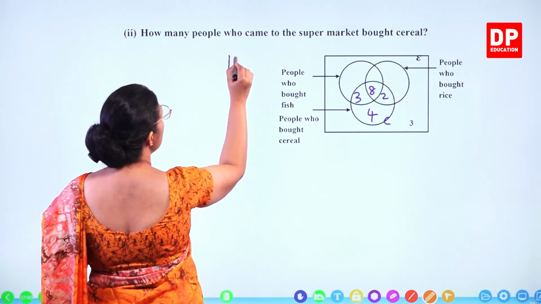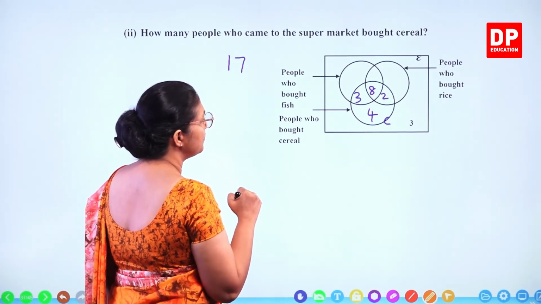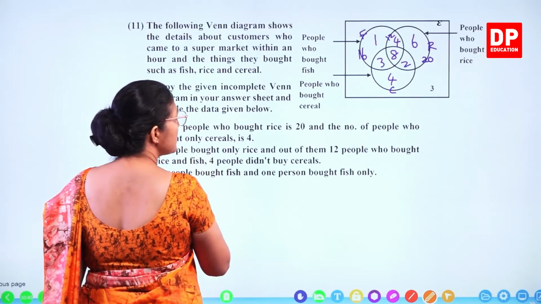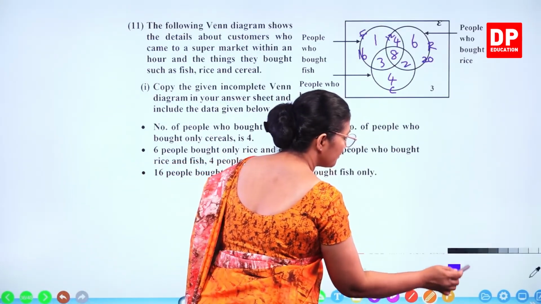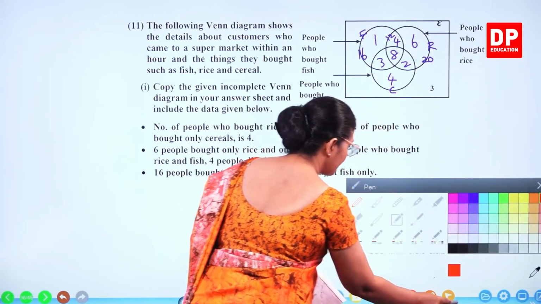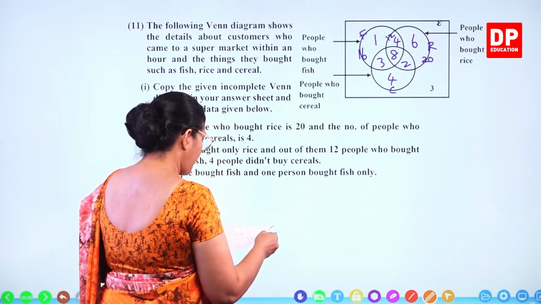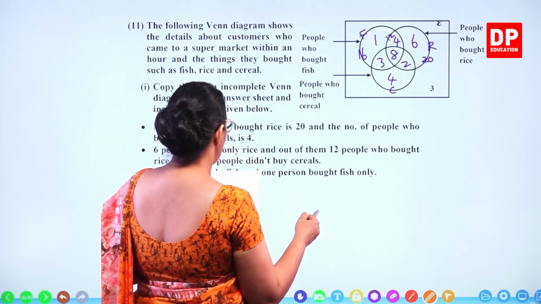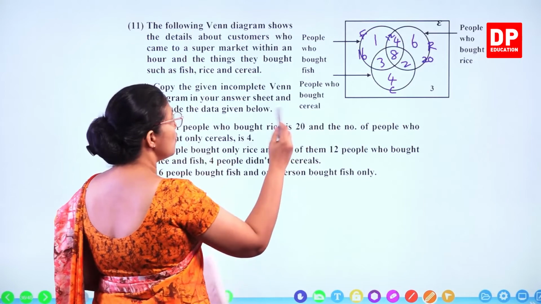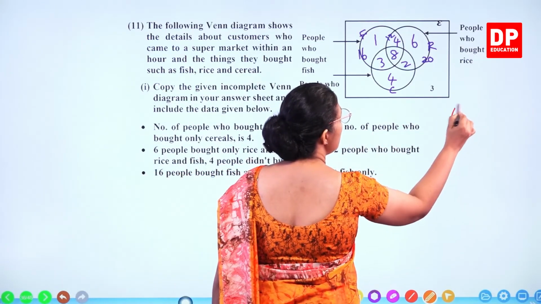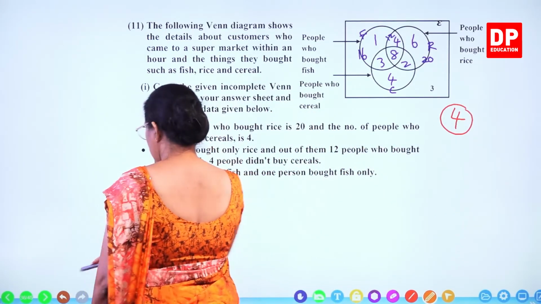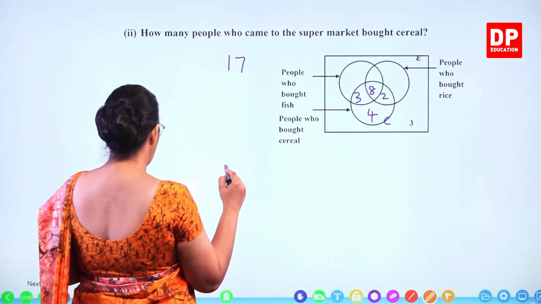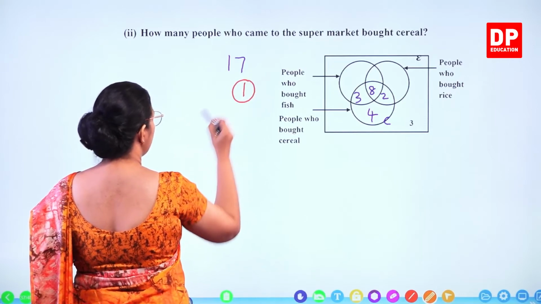So 17 people bought cereal. So let's give marks for these two parts. 4 marks you are getting for filling this and finding the answer for this one, only 1 mark here.